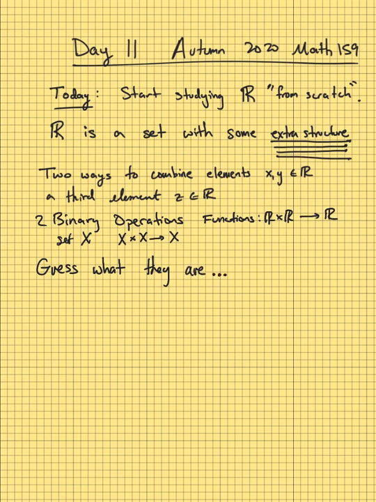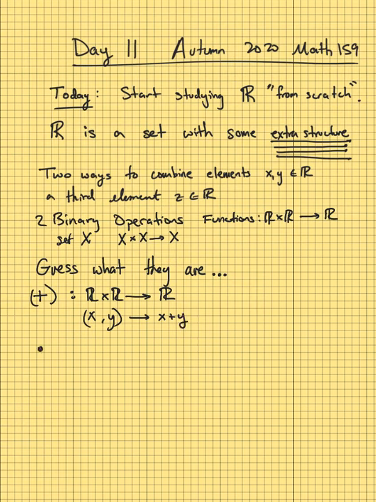I'll give you a second, and hopefully you will have guessed that one of these binary operations we're going to call plus. This goes from R cross R to R, and it sends x, y to x plus y.